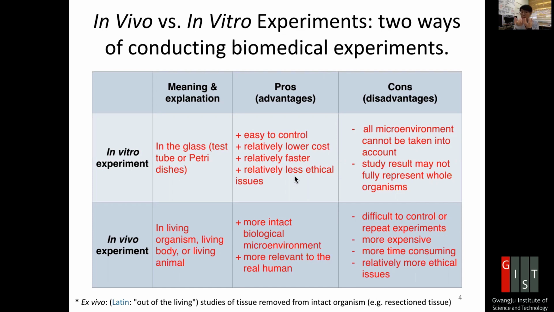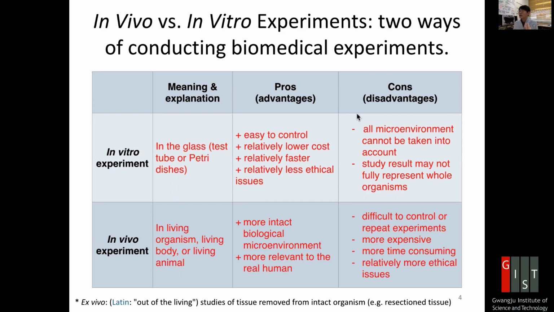And these cellular materials cause fewer ethical issues. While in vivo experiments require an experimental animal. So tumor cells growing inside an animal body will probably have a more intact biological microenvironment. That means the results you obtain from the in vivo experimental animal body could be more relevant to real human patients.